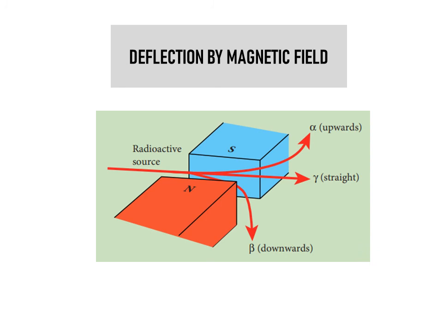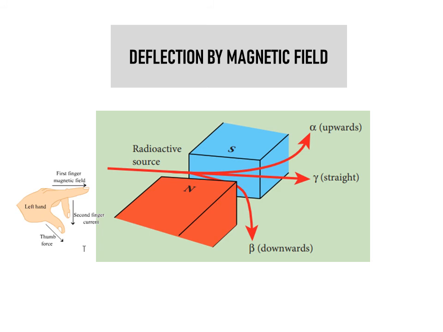Next, let's see how these three radiations interact with a magnetic field. In order to see how the three radiations deflect in a magnetic field, we can use Fleming's left-hand rule. We know from electromagnetism that the first finger is the magnetic field, the middle or second finger represents current, which goes from positive to negative charge, and the thumb represents the movement.